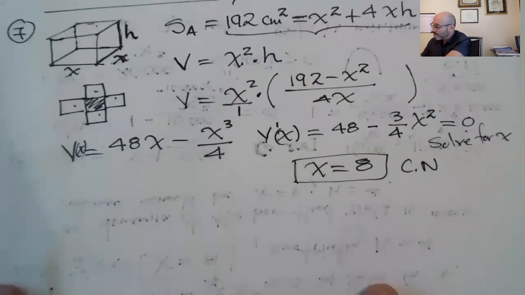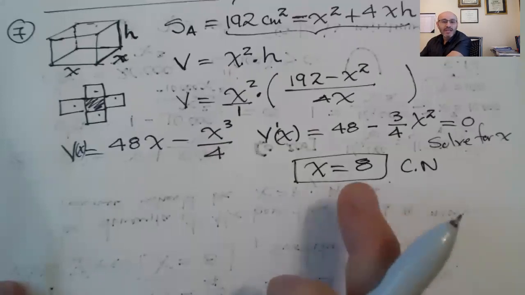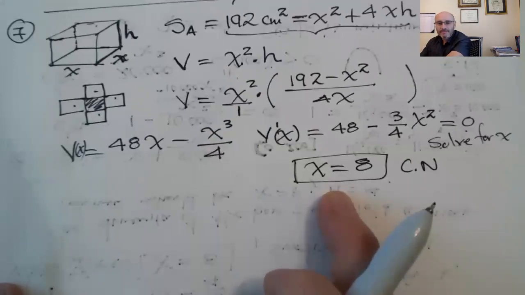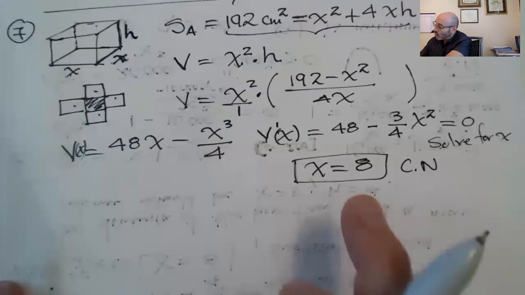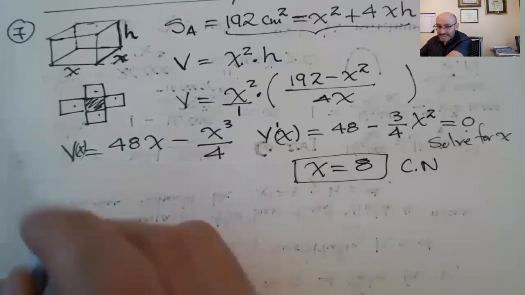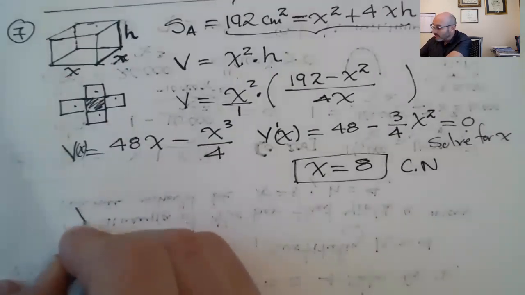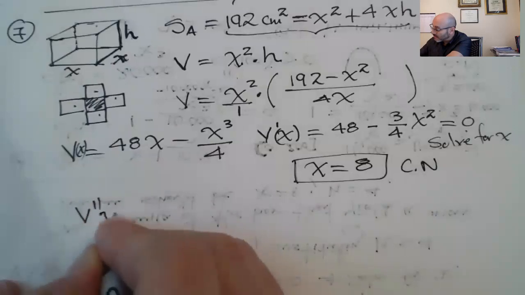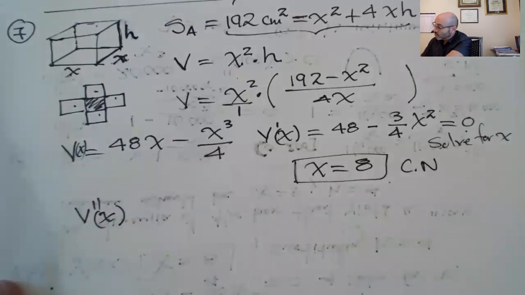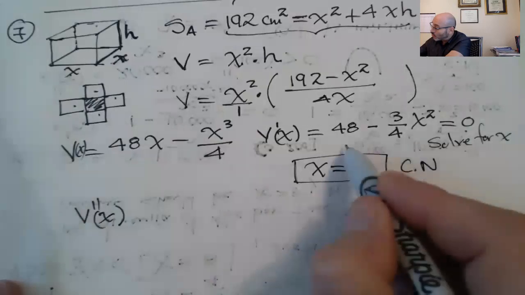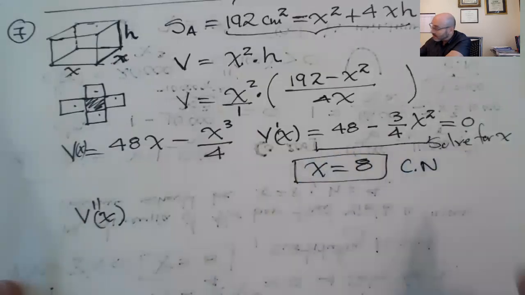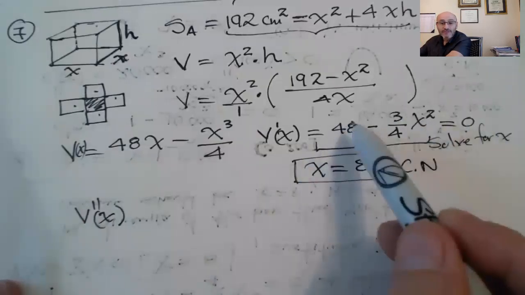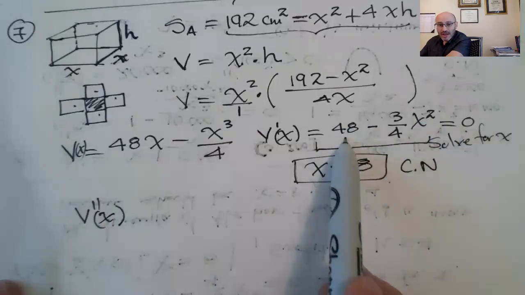All right, so now I need to check, is this a max or a minimum? So I'm going to use the same method that I used in the previous problem. I'm going to find the second derivative. So meaning I'm going to differentiate this, right? Because that's the first derivative. The derivative of 48 is 0.